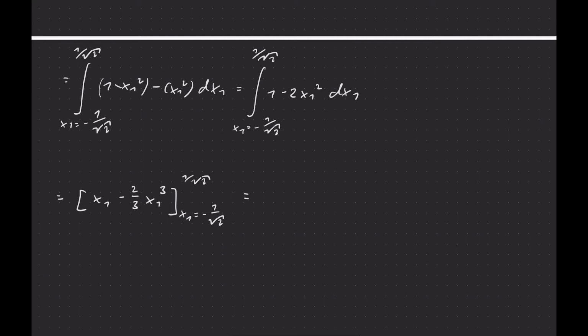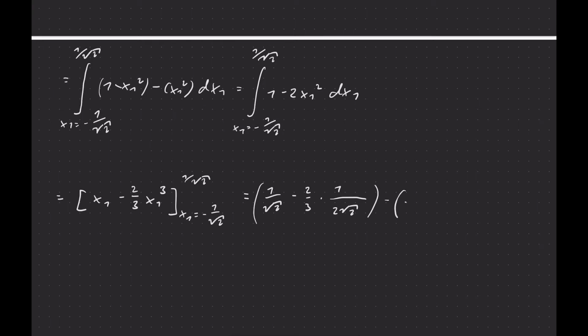Okay, again we substitute the bounds. So upper bound first, that is 1 over square root of 2 minus 2/3 times 1 over 2 square root of 2. And then we subtract the lower bound.